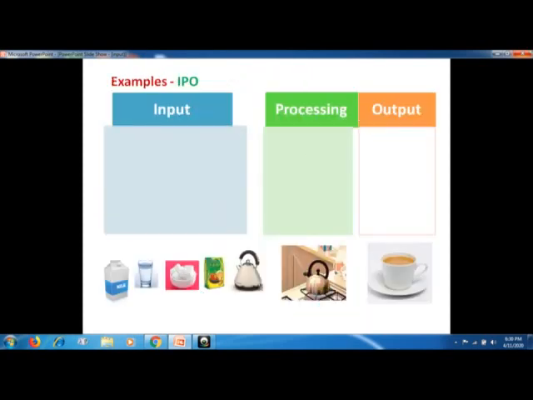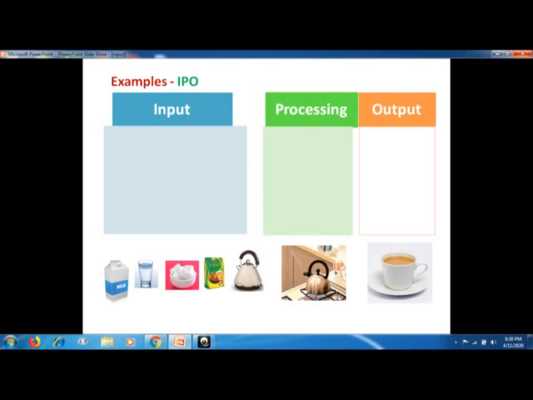Now, suppose you want to make a cup of tea. On screen you can see, children, I have put many small pictures that are required to make a cup of tea. Now we have to arrange what will come in input, what will be the processing, and what is the output.